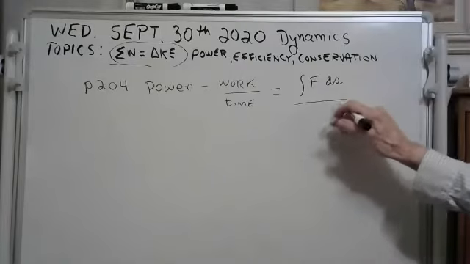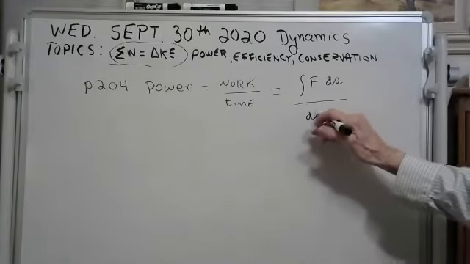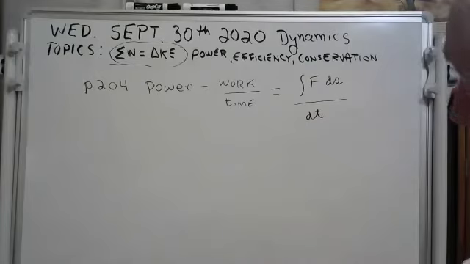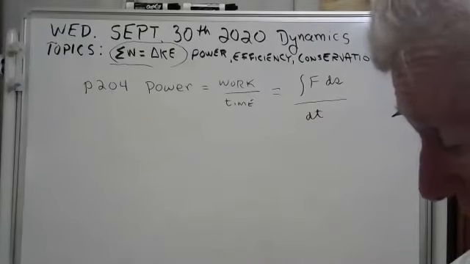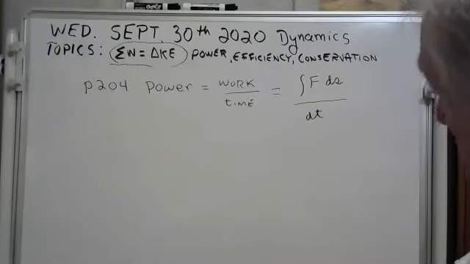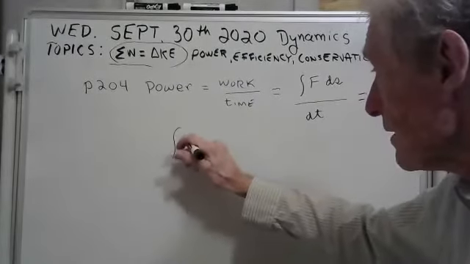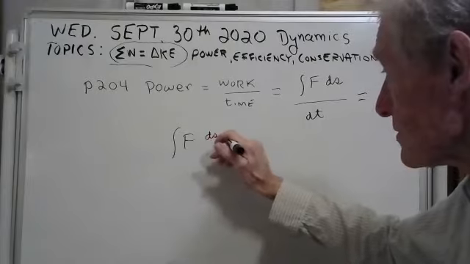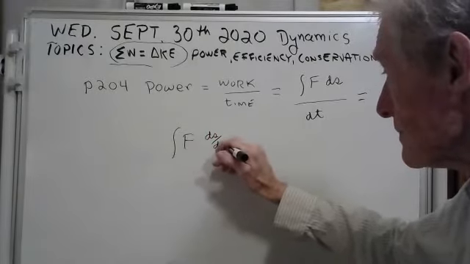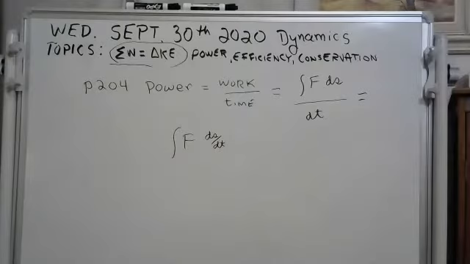And what we're going to do is divide that by a unit of time. And I think you could write that like this, F ds/dt. Just scoot that dt up there in the integral. I think that's okay.